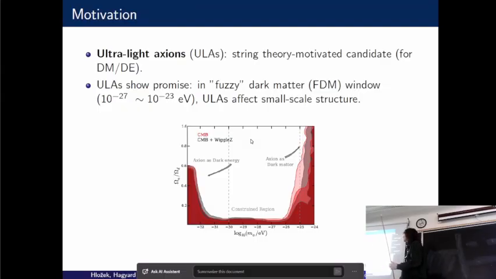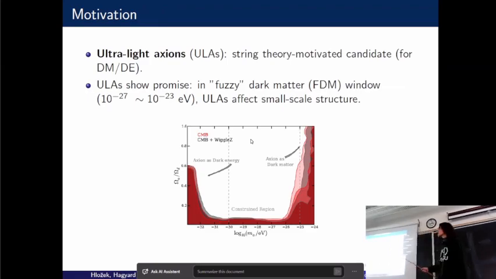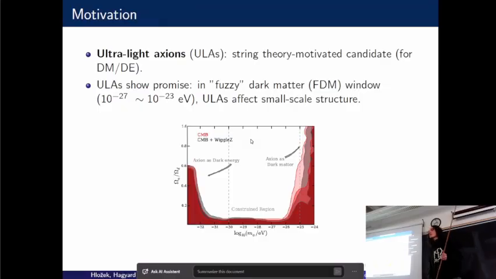Our focus is on this region called the constrained region, in which researchers are able to constrain the abundance of axion relative to dark matter to below about 1 to 5%.